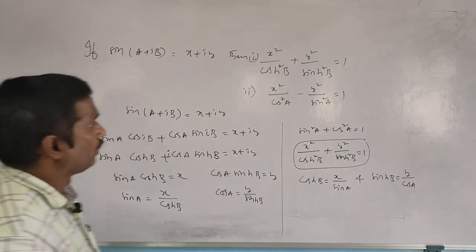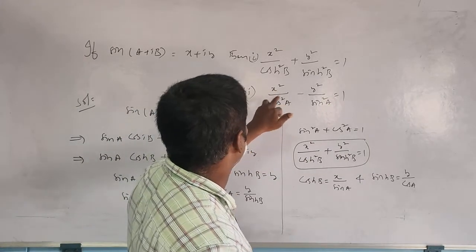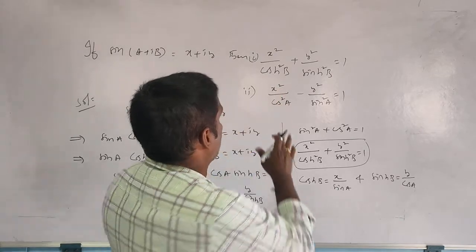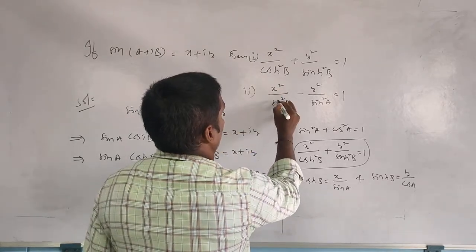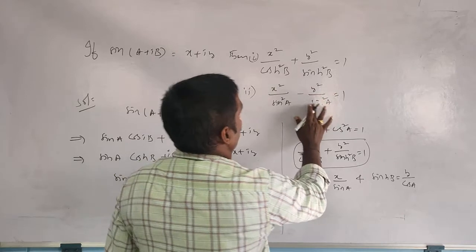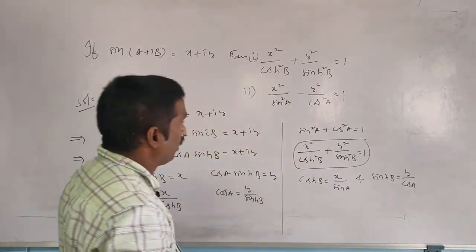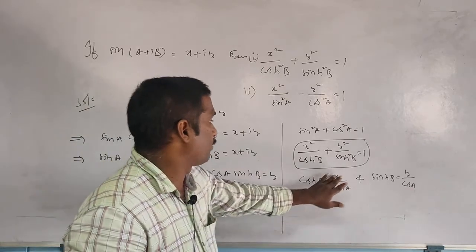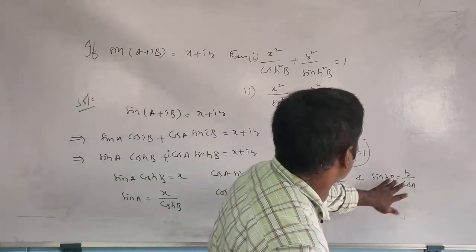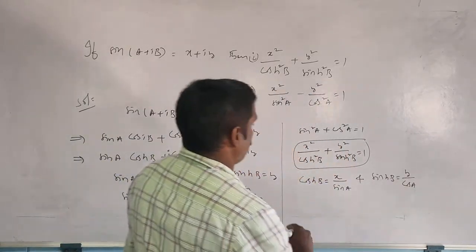Okay, the second problem is now we have to prove that x square by sin square a minus y square by cos square a equals 1. So let us take cosh b equals x by sin a and sinh b equals y by cos a. Squaring on both sides.